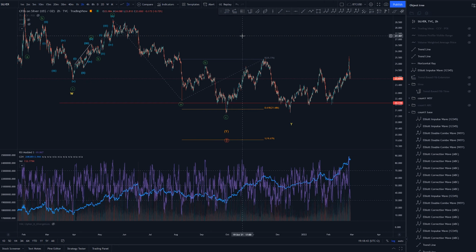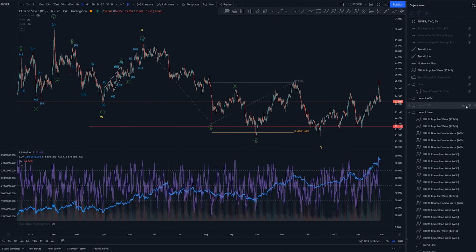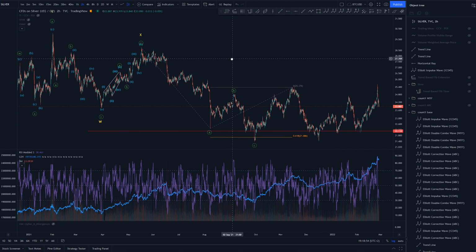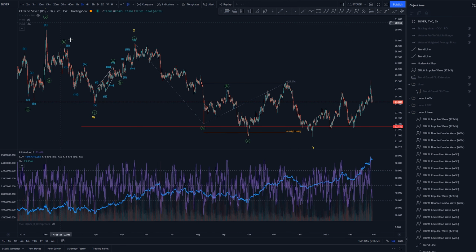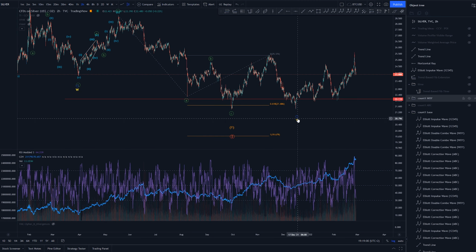Another option is a WXY. So how I had this before is as ending with A, B and C. Now the only difference here is WXY, and the Y is located here instead of here.